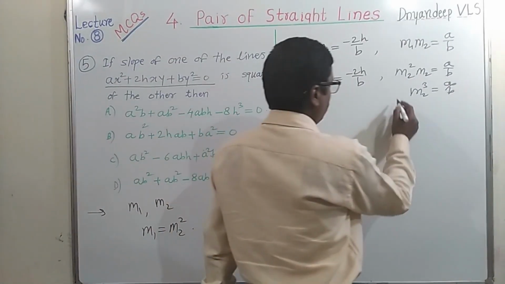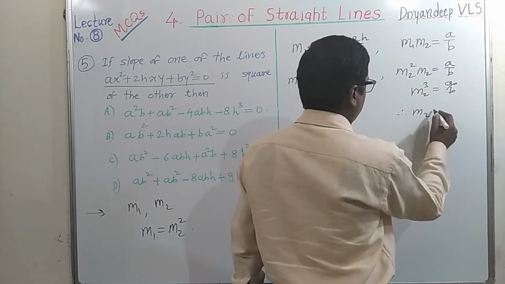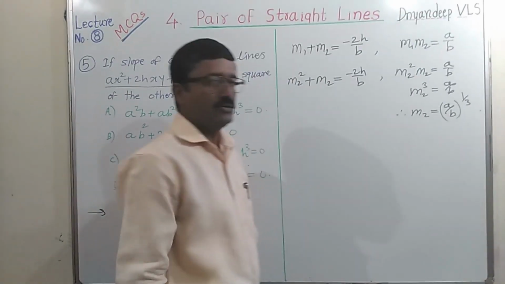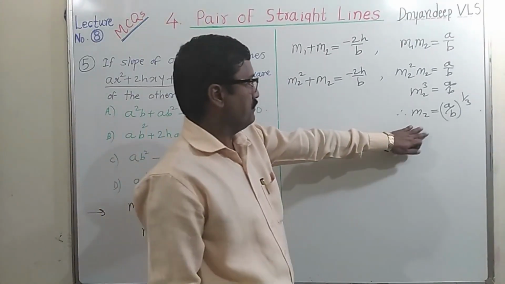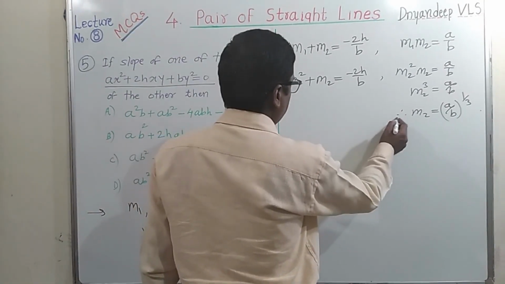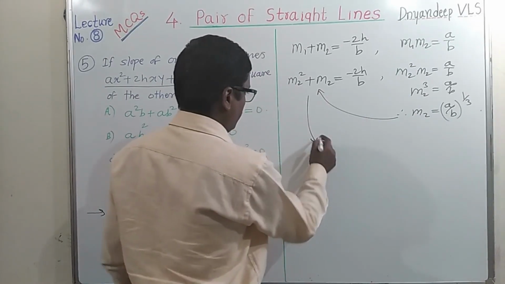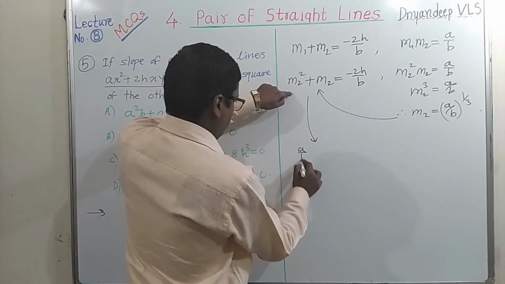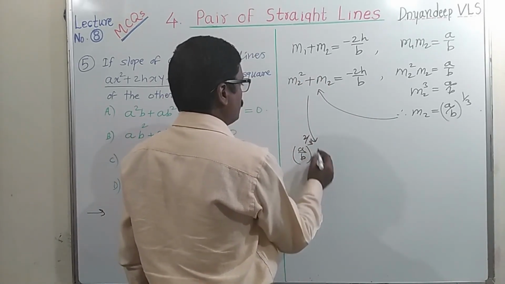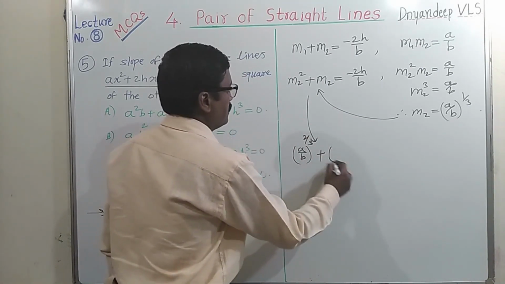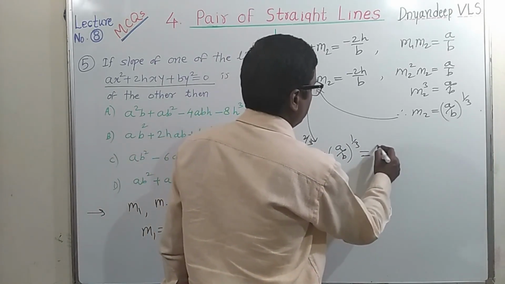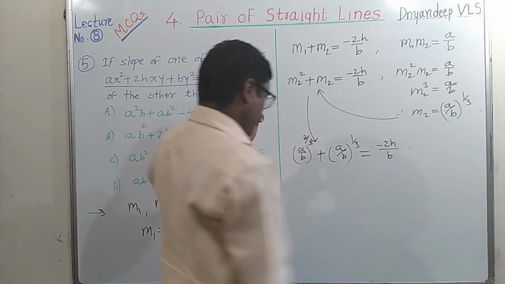It implies M2 is equal to (a upon b) raised to 1/3, means taking cube roots of both sides. So we get the value of M2. Now put this value again in this equation, so that we get (a upon b) raised to 2/3, plus M2, which is (a upon b) raised to 1/3, and it is equal to minus 2h upon b.